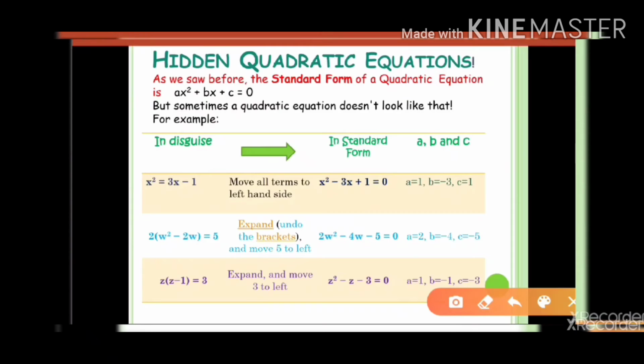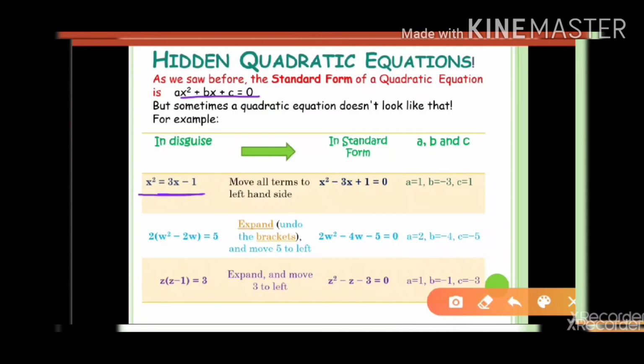Hidden quadratic equation. As we saw before, the standard form of a quadratic equation is ax squared plus bx plus c equal to 0. But sometimes a quadratic equation does not look like that. For example, x squared equal to 3x minus 1.